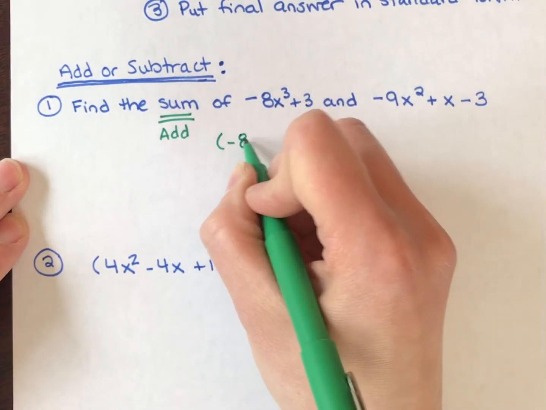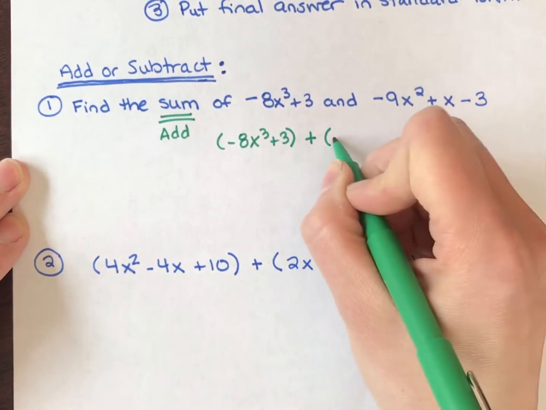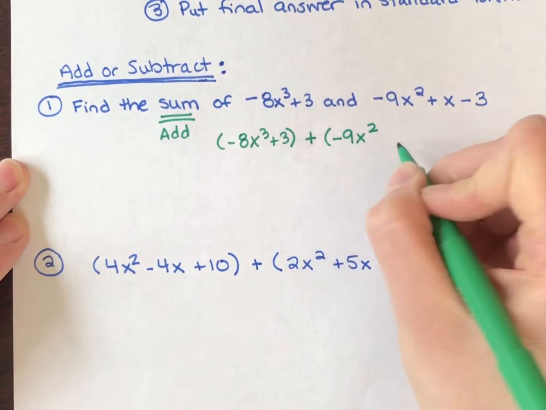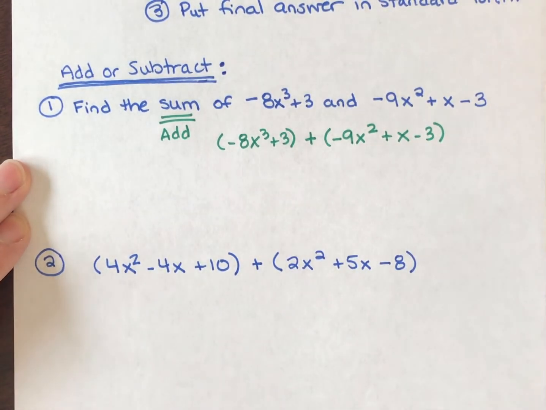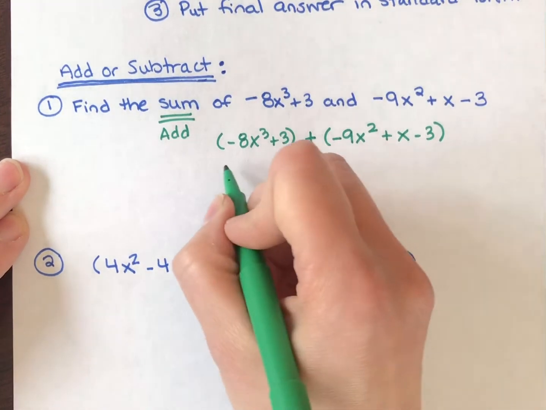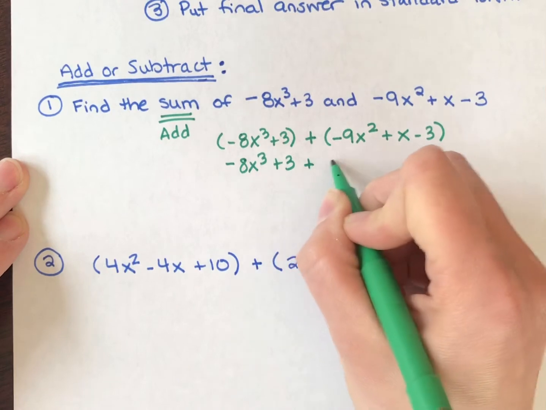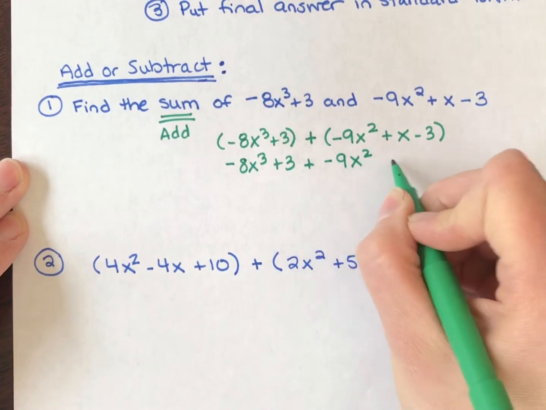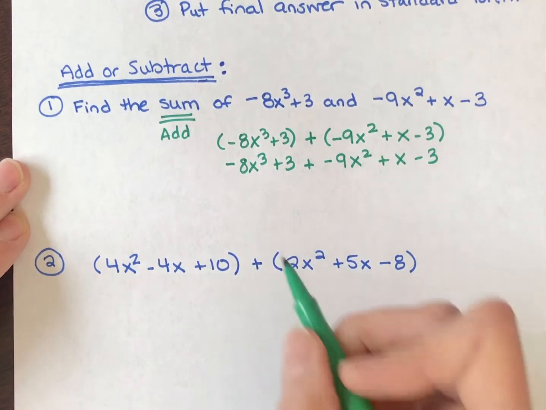Since I'm adding, you can pretend those parentheses aren't there. So this is really just negative 8x to the third plus 3 plus negative 9x to the second plus x minus 3. Now I'm going to combine like terms.